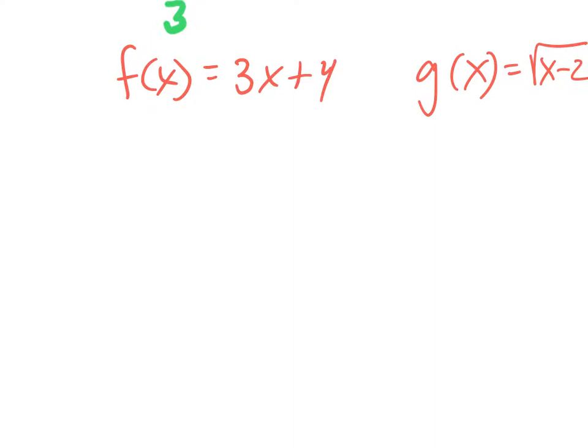Now let's start you off with a couple easy ones. What's f of g of, oh, I made a mistake in there, sorry. F of g of 2. F of g of 2.